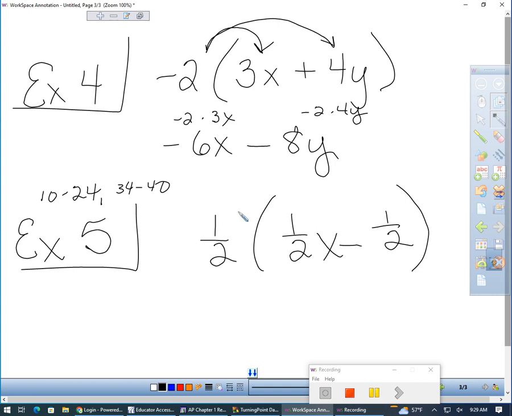So I'm going to start right here, and I have 1/2 times 1/2 x. Can I do any cross reducing? Nope. So I'm just going to multiply across. 1 times 1 is 1, and 2 times 2 is 4. And I have an x. Then I have 1/2 times -1/2.